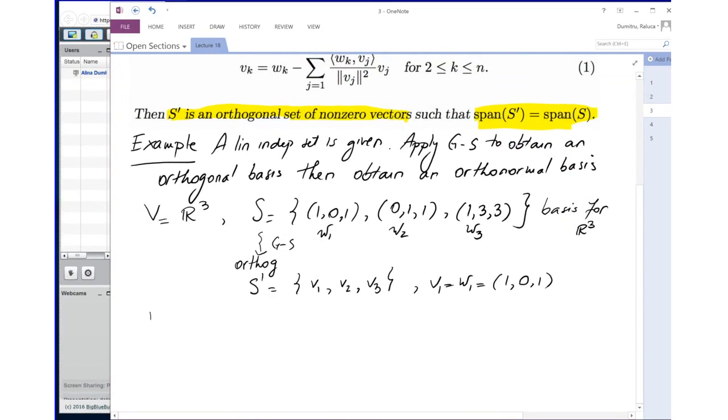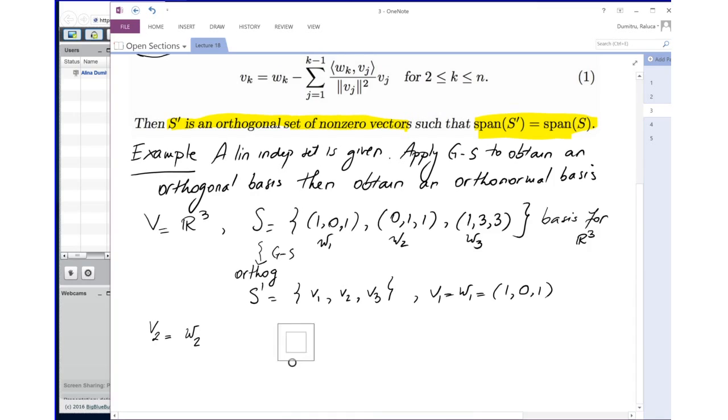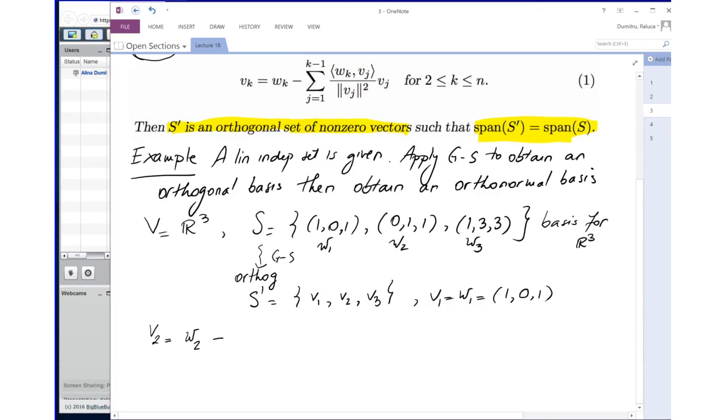Let's find V2. Well, we're going to use this formula on the very top of the page, number 1, for k equal to 2. So V2 equals W2 minus the sum j equals 1 to, well, k was 2, so it's just 1 to 1, of the inner product between W_k, k is 2, so W2, with Vj divided by the norm of Vj squared.